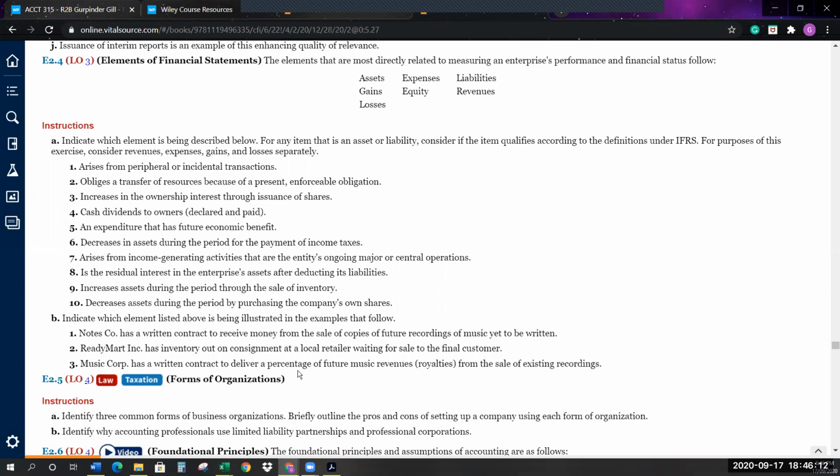Or, forget even that, say he has an old oven and he sold that old oven. It is a peripheral transaction. His business is to use these assets to make baked goods; that's what he does day in, day out. Any peripheral or incidental transactions which are outside of the normal business operating cycle will give rise to gains or losses. And these gains and losses, guys, will go onto your income statement.